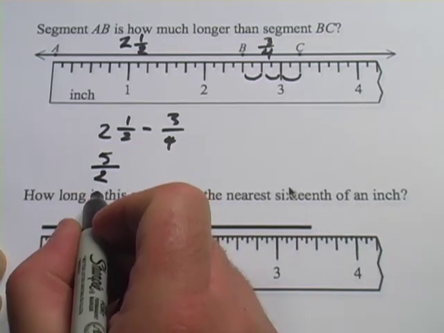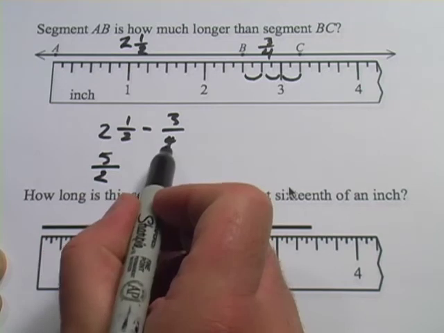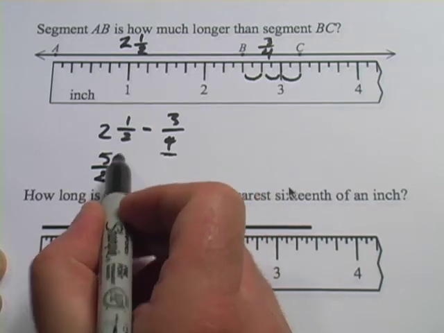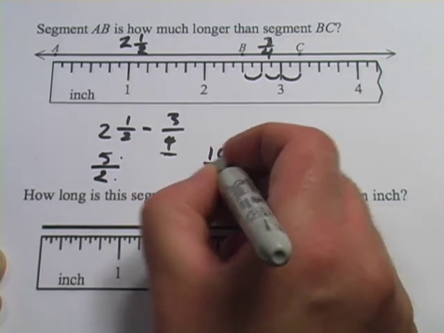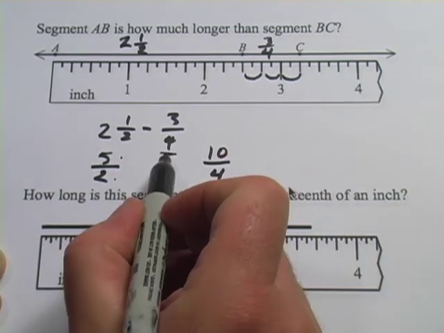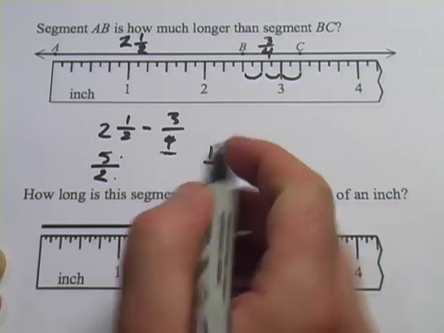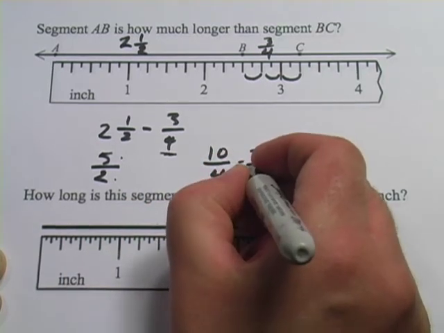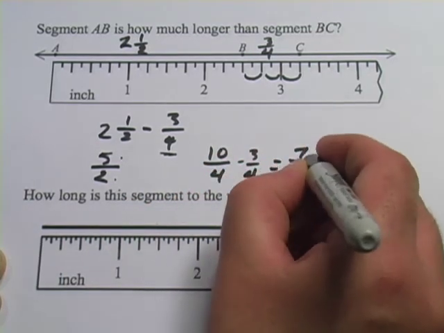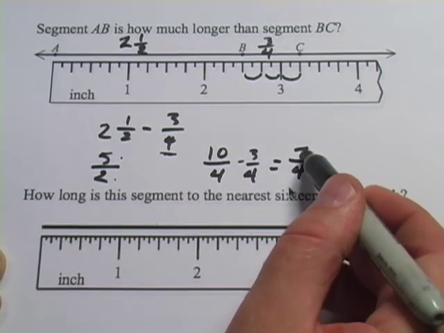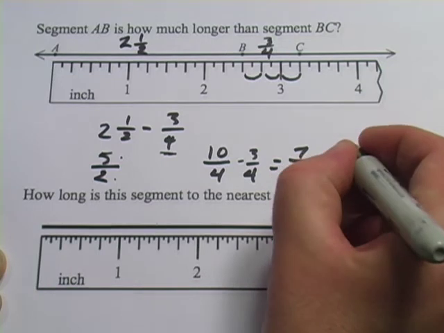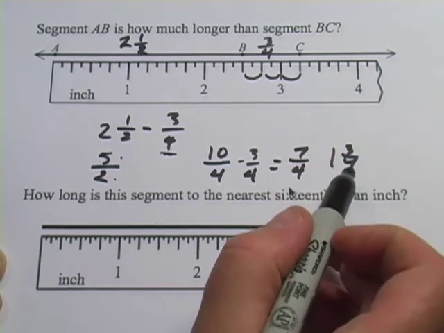And then to make the denominators the same, I would multiply the top and the bottom by 2, and then I would get 10 on the top and 4 on the bottom, which would match the denominator in 3/4. So 10/4 minus 3/4 would be 7/4, which if you think about it, there's 1 in 7/4 with 3 left over, so that would be 1 3/4 inch.